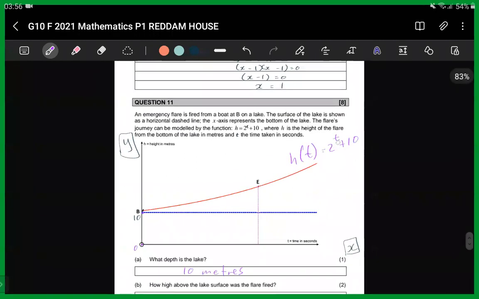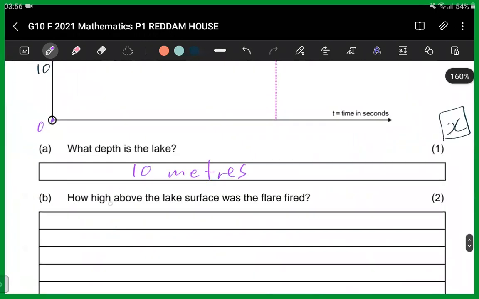So you're just going to throw a 0 in this equation, you see. So throwing a 0 in your equation there, you have 2 to the power of 0 plus 10. Anything to the power of 0 is a 1. And then you have an 11.